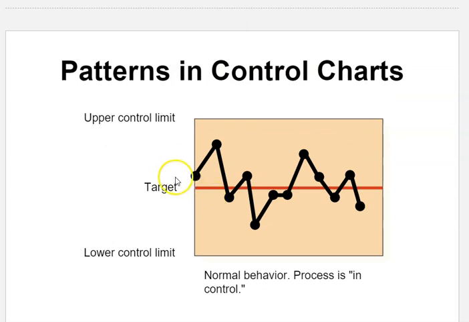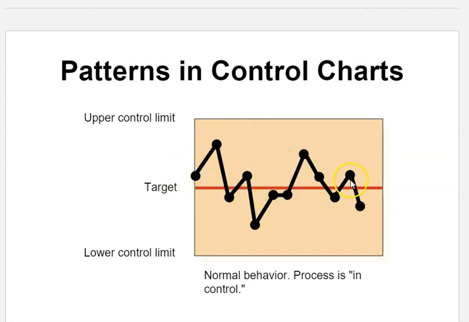So patterns in control charts, and what do they tell us? Sometimes the system is still in control, but by looking at the pattern, we can tell the system might be going out of control. So we are always looking for this up and down, right?